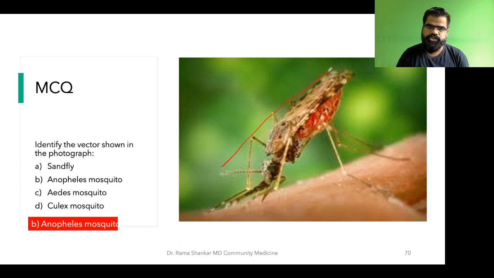Its whole body is straight. It looks like a tail in the air posture. The abdomen is in a tail in the air posture, and it makes an angle with the surface, 45 degrees. Both Aedes and Culex were parallel. They give hunchback appearance. This is straight. But you see the wings. Wings are spotted in Anopheles mosquito. So this is the way, students, we identify mosquitoes.